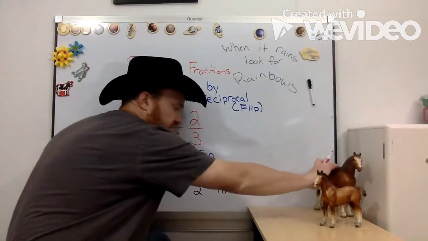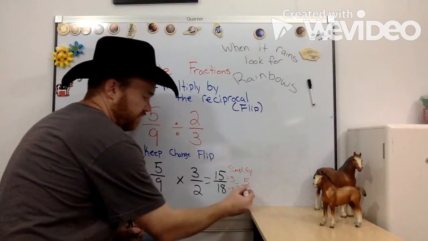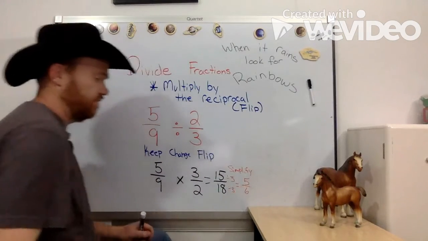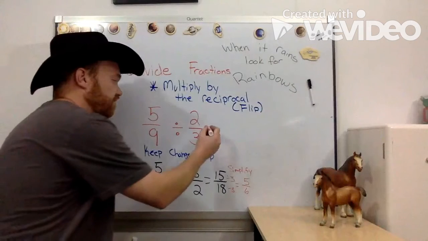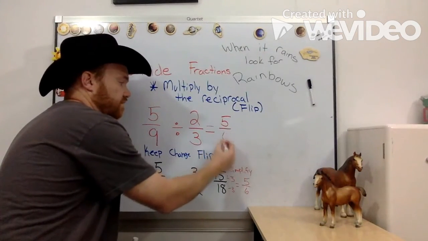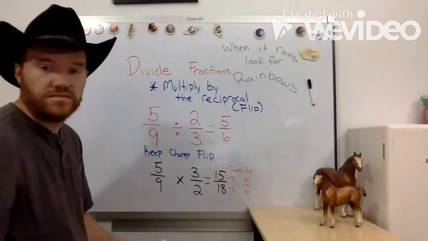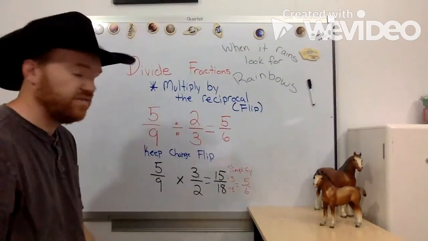Sorry, my little horsey's in the way. 18 divided by 3 is 6. So I have a final answer of 5/6. Easy peasy. Yes, it is that easy.